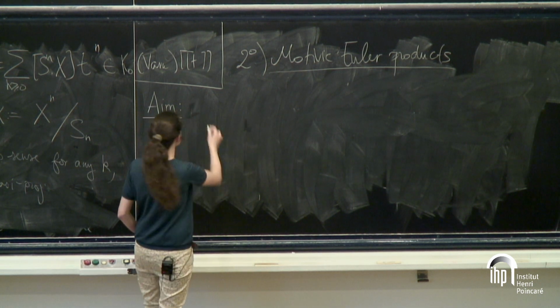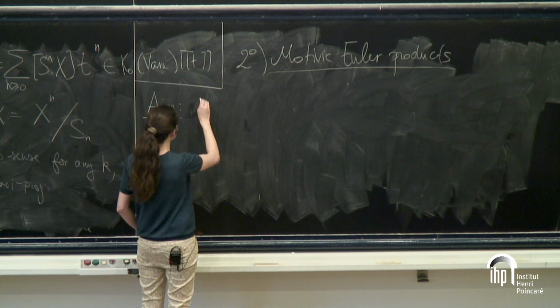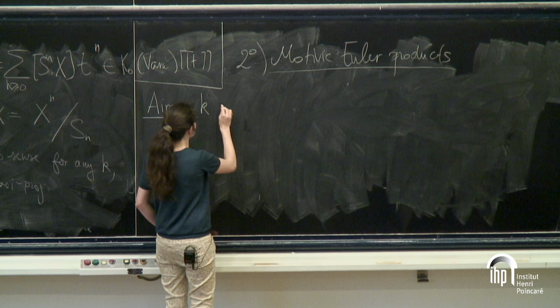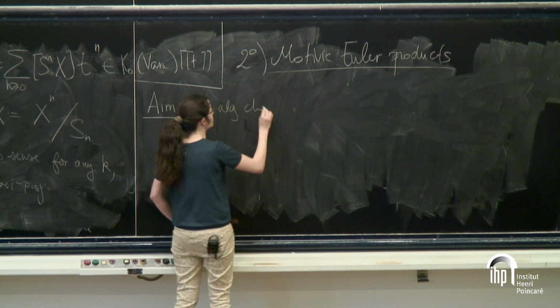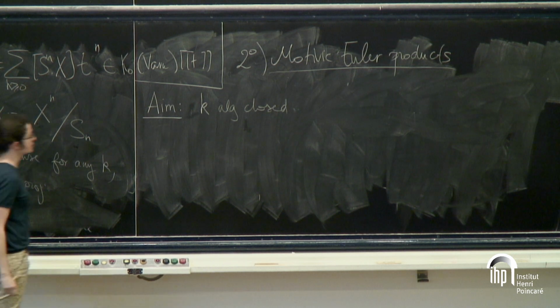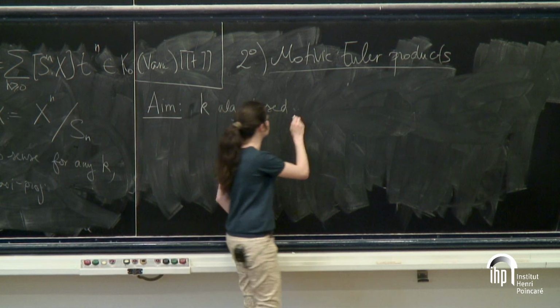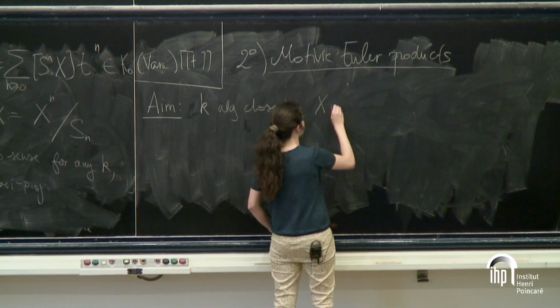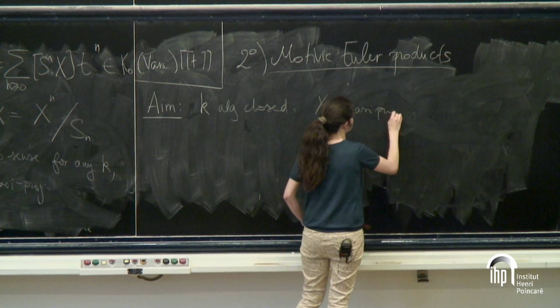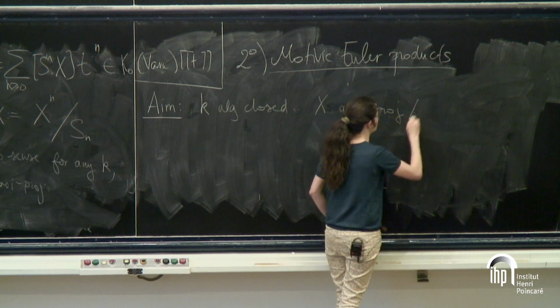For now, let us take the following one. K a field. I'm going to actually assume it algebraically closed here so that I don't have to bother with any degrees of points or anything, but the construction does work if K is not algebraically closed. X is a variety, a quasi-projective variety over K. Everything should be quasi-projective because I will be taking quotients.